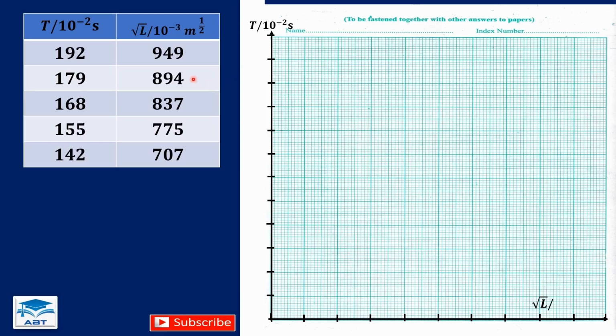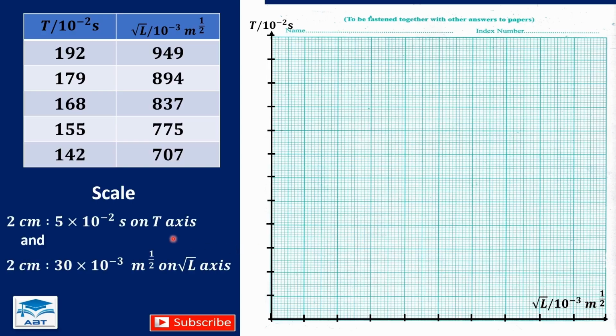And we are also plotting root L on the horizontal axis. So we have root L. Also, we have shifted the point 3 times to the right. So we have slash 10 exponent negative 3. And the unit is meters exponent half.